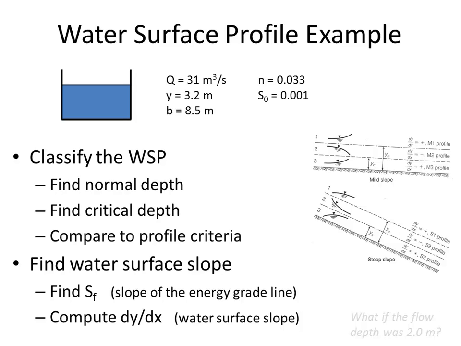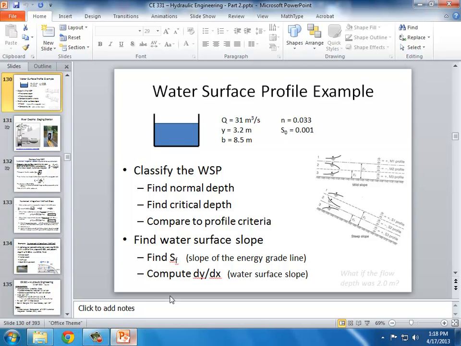Then you'll be able to use Goal Seek to change values of y and ultimately find out what the flow rate is. Does it match your goal of 31? So do that, and then we will pick back up and find the water surface profile.